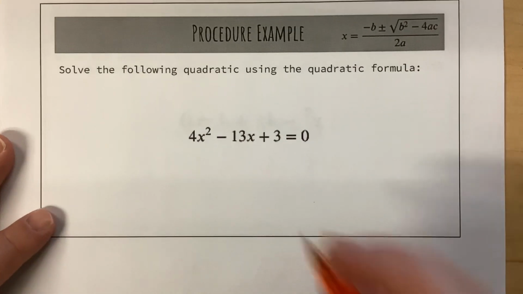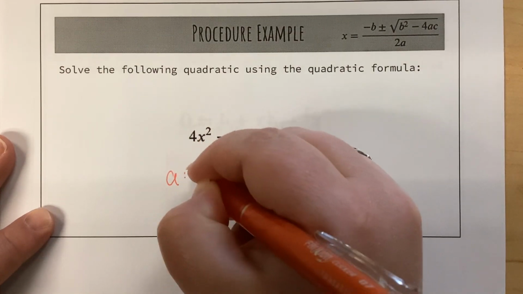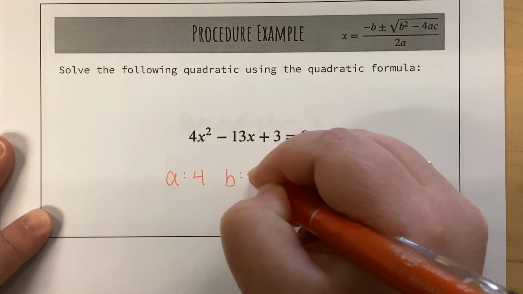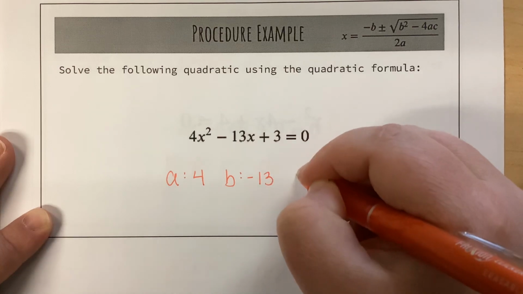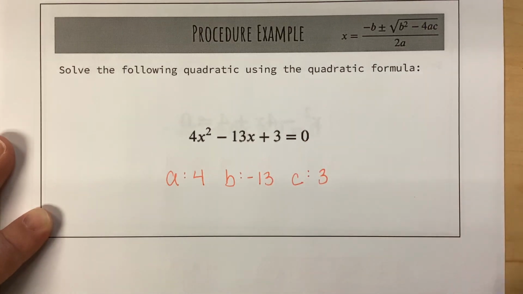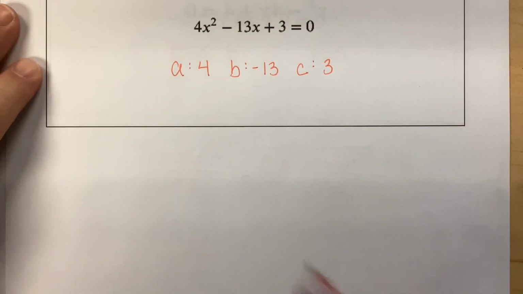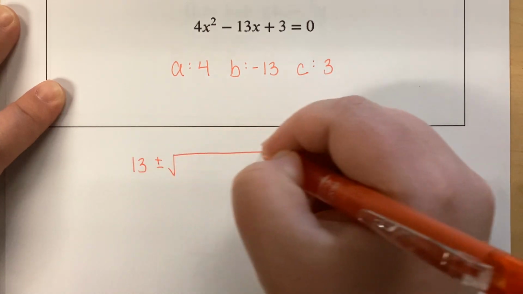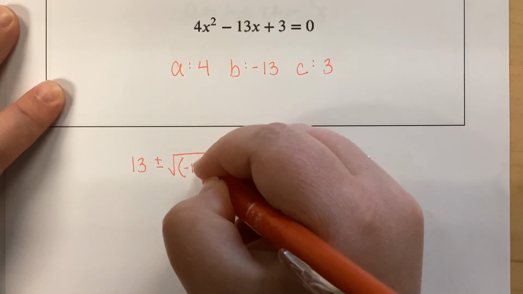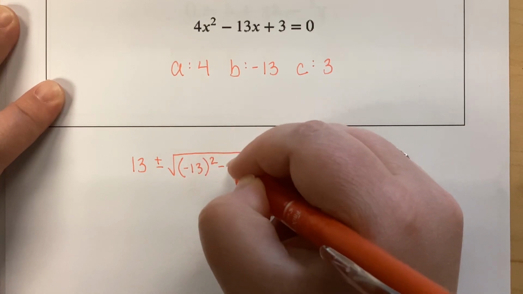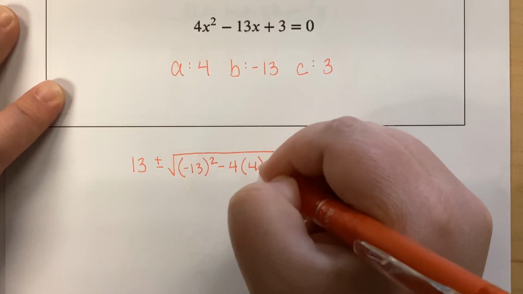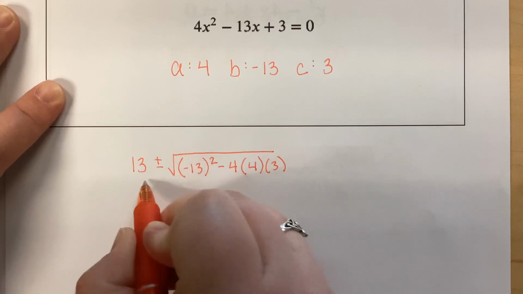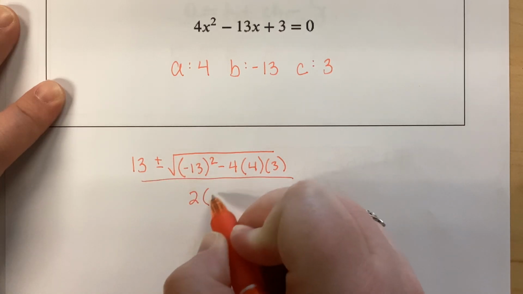All right, this time our a is 4, our b is negative 13, and our c is 3. All right, so the opposite of b is positive 13, plus or minus square root of negative 13 squared minus 4 times 3, all over 2 times 4.